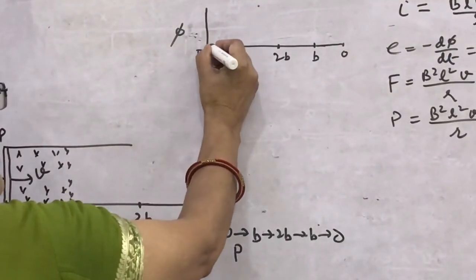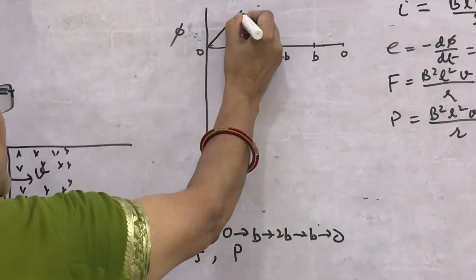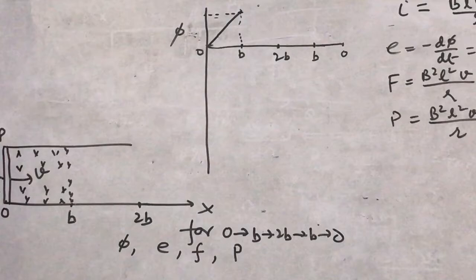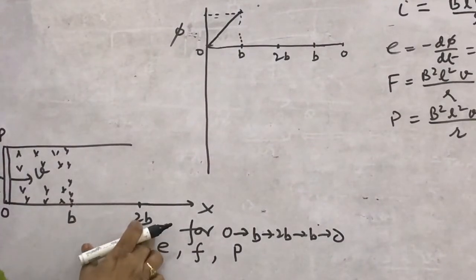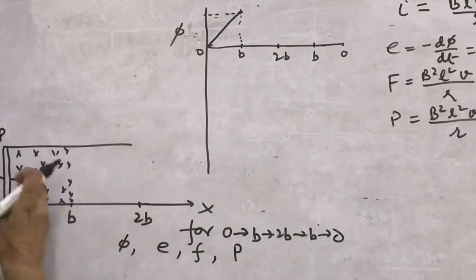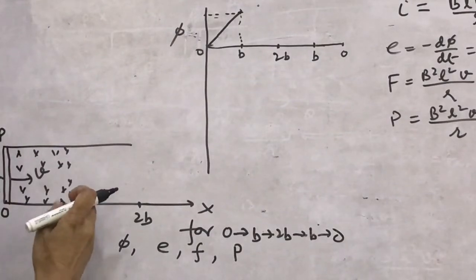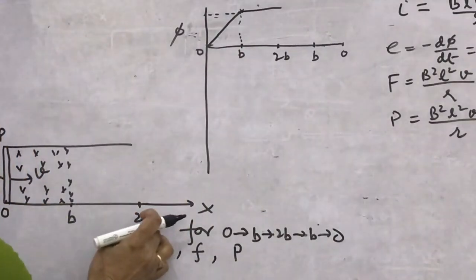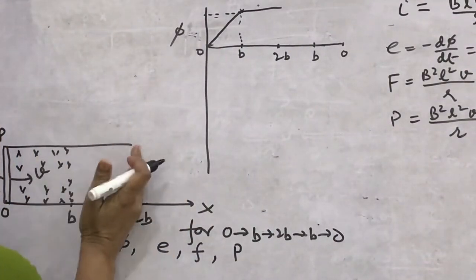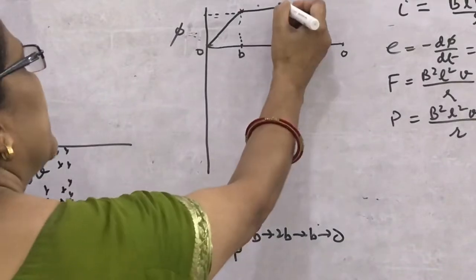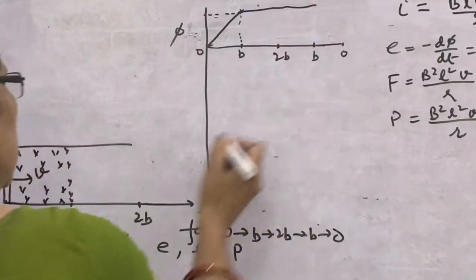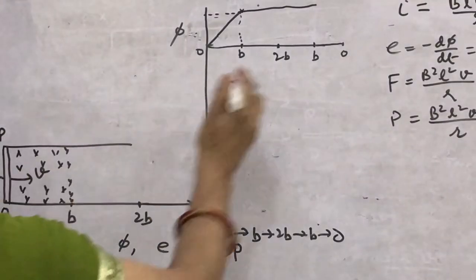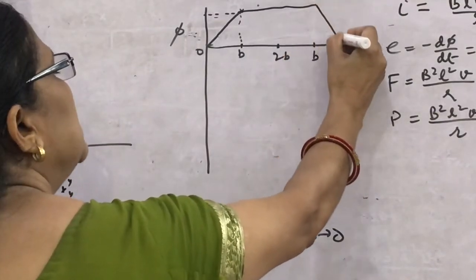It has a certain value here. Then B to 2B, flux will remain the same because there is no magnetic field, no change in flux. Then 2B to B, when the rod returns back, again there is no magnetic field, so flux will remain the same like this. And from B to 0, what will happen? Area is decreasing, so flux will decrease. So the graph is like this.